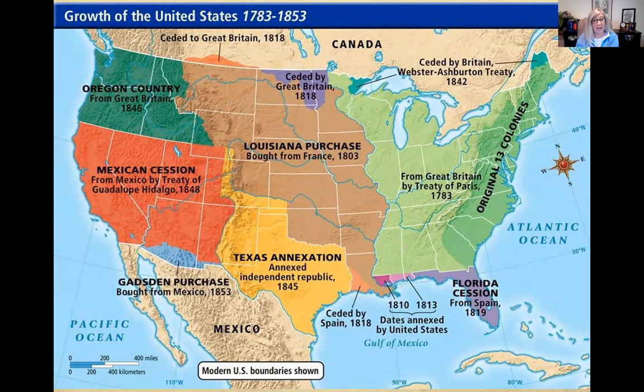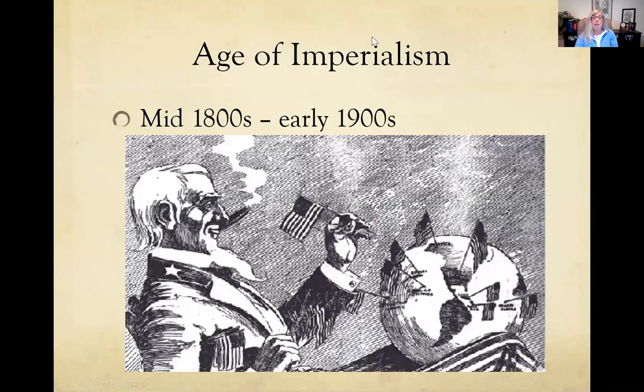What we're going to be looking at now is imperialism, where we're not bringing in new states, but we're going to be expanding our influence into other areas of the world, and in some cases by acquiring colonies, as we will see. So the age of imperialism is not just going to be unique to the United States.